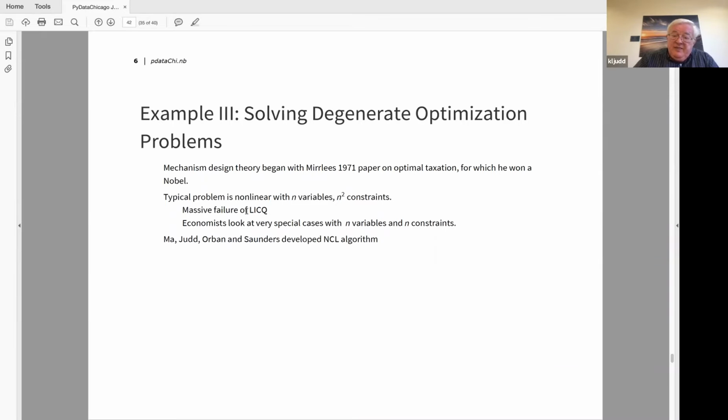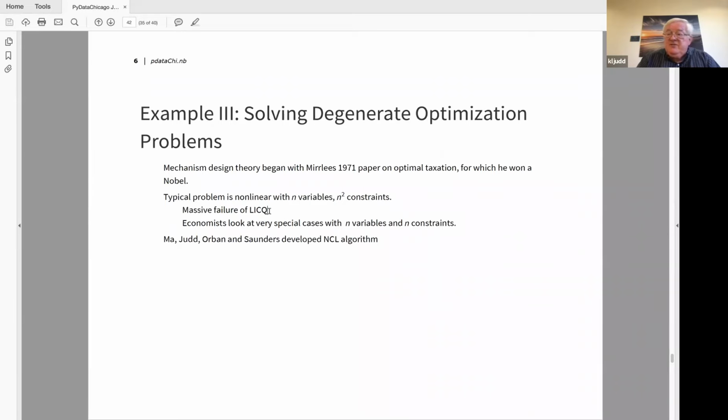Now, the problem with that theory is that, I'll speak in terms of optimization description, you have n variables, n choices with n squared constraints, and it's nonlinear. I know it doesn't matter if it's a linear program. No, this is nonlinear, you have massive failure of LICQ, linear independent constraint qualification.